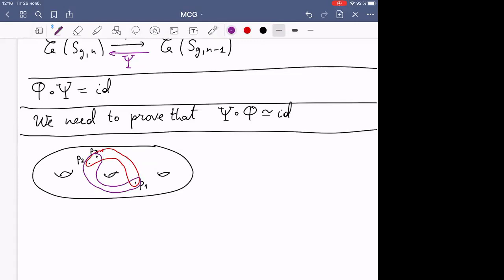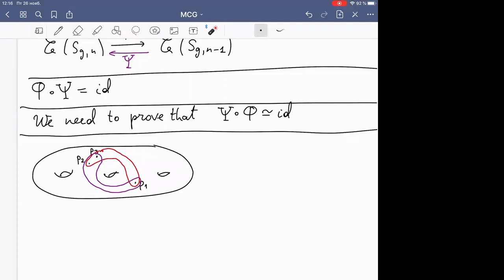Definitely they are not isotopic, for instance, they have geometric intersection index 4, so they are not isotopic. But after deleting the puncture P1, they become isotopic. They are isotopic in this surface with n-1 punctures.